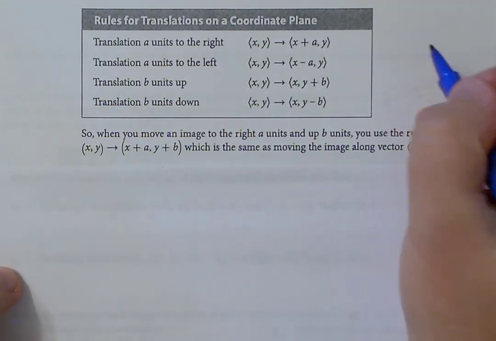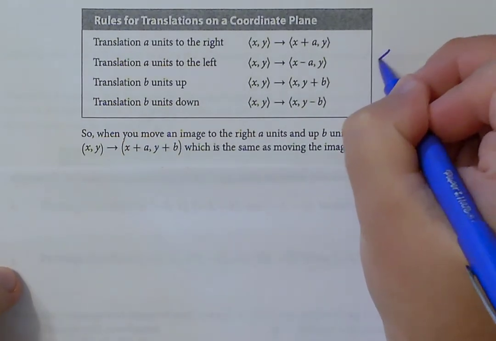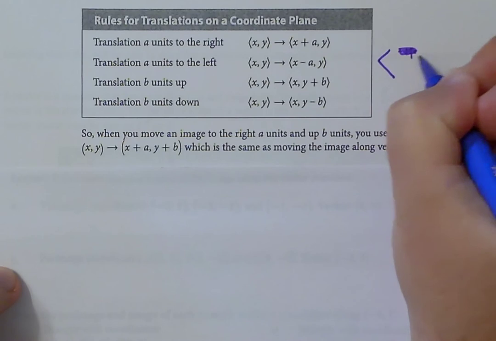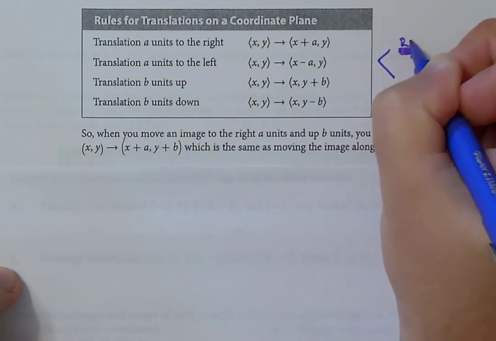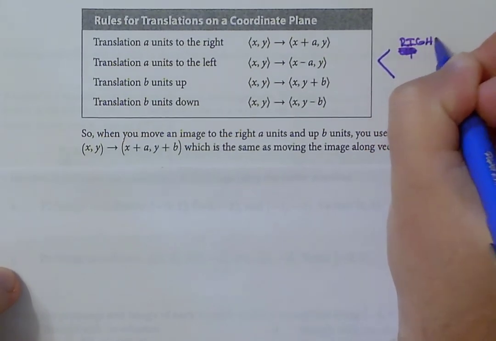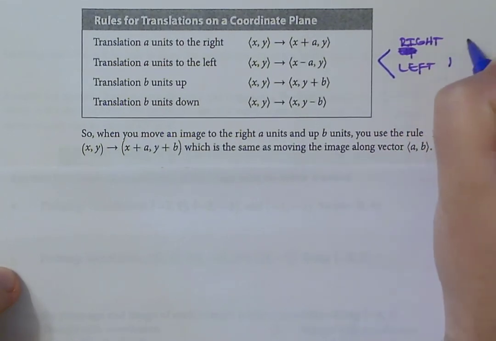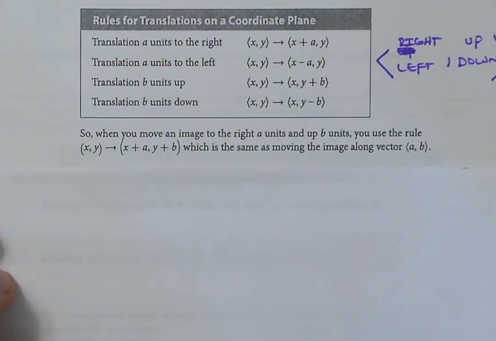So again, this goes back to the idea that I talked about on the front side, where it's right or left, comma, up or down. I kind of ran out of room there.